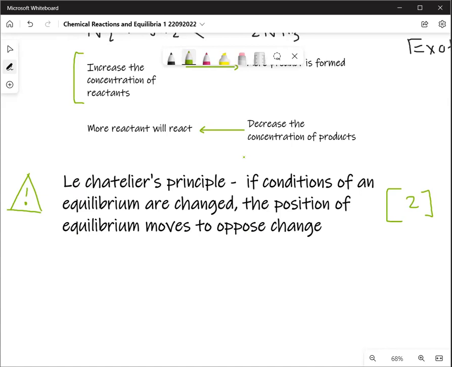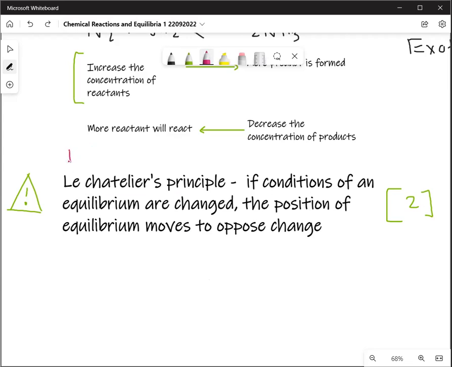So this person is a scientist. Now, how do you pronounce his name? Read this word. He's a French scientist. When I was in IGCSE, I used to say Le Chatelier, but that's not the correct pronunciation.